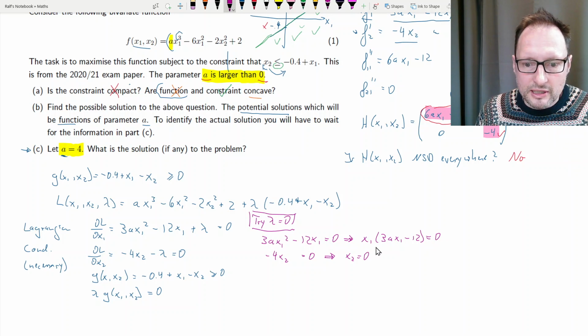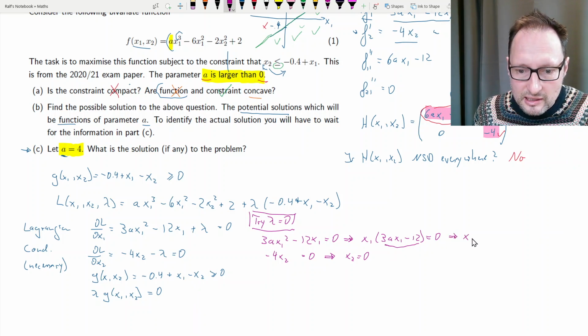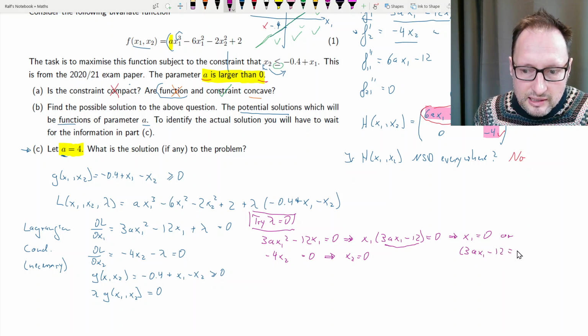And from here you realize that for this product to be equal to 0, it's either the x1 which has to be 0, or it's this term in the parenthesis which has to be 0. So we know that x1 is equal to 0, or 3a x1 minus 12 is equal to 0.